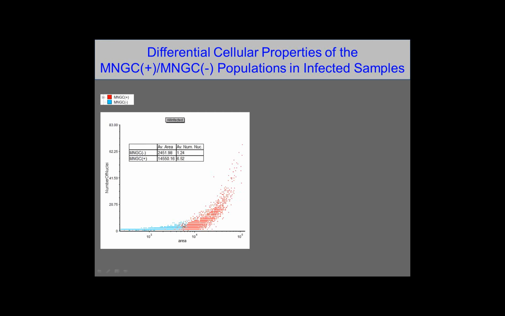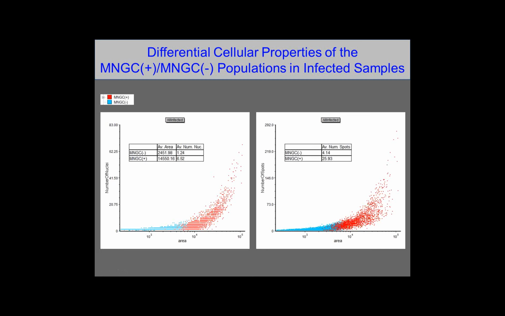So here I'm looking at all the cells but the negative controls. In red, I plotted cells belonging to the MNGC plus gate, whereas in blue we have the cells belonging to the MNGC minus gate. It's immediately evident that MNGC plus cells are larger, as expected, and also have a larger number of nuclei.